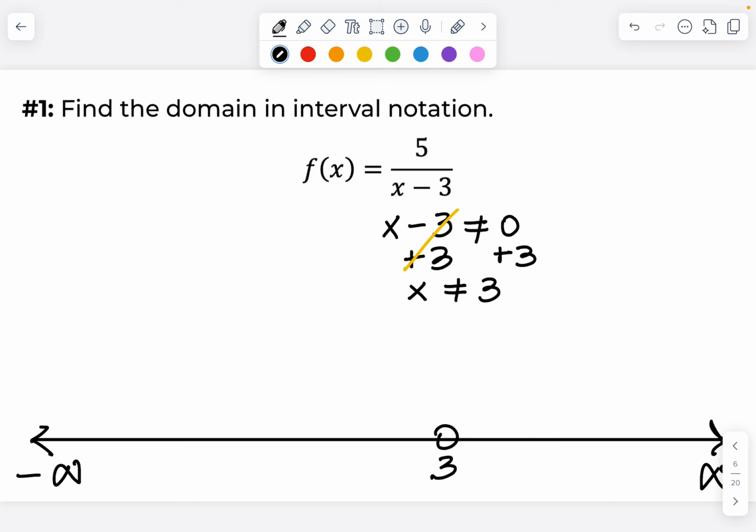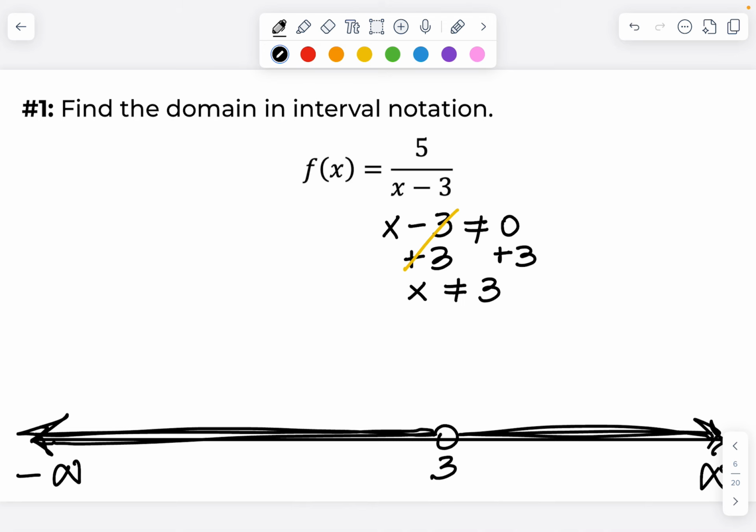So what I do know then is if I think about this in terms of an inequality, it would mean I exist here and I exist here. So we can think back to when we were working with inequalities, and I can write my answer.